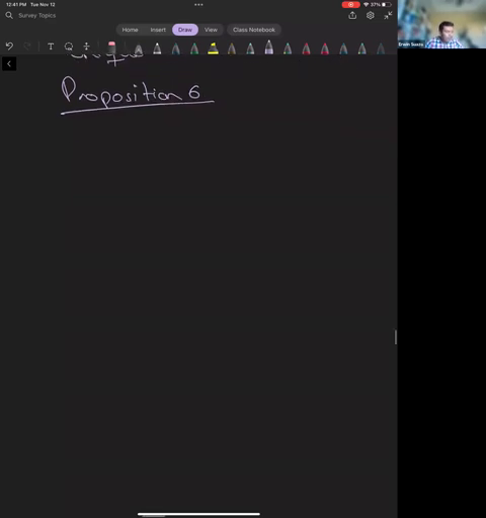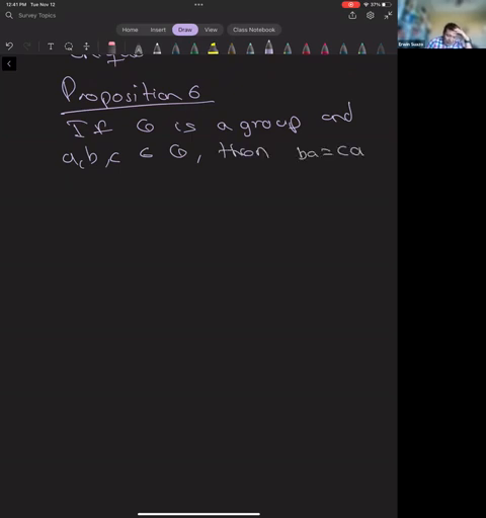So let's do this. If G is a group, and A, B, C belong to G, then BA equals CA implies B equals C, and AB equals AC implies B equals C, right?